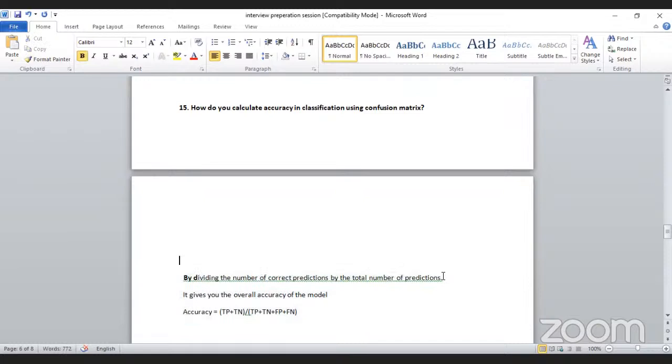And we have the formula here. It gives you the overall accuracy of the model.